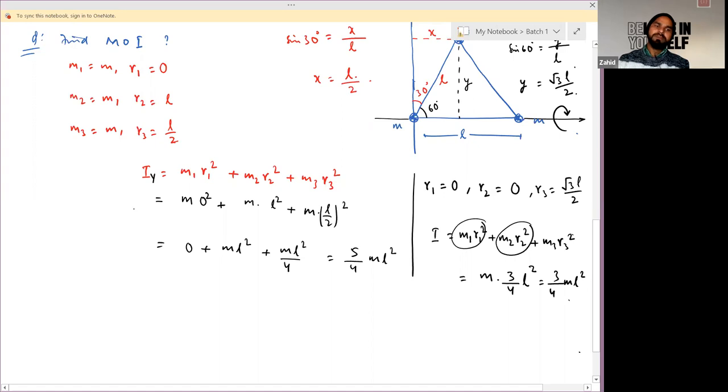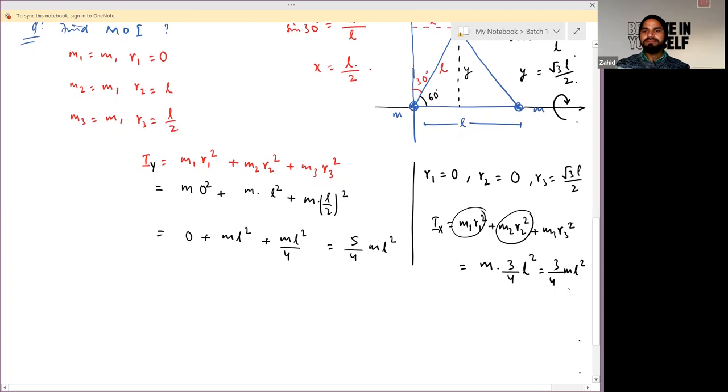So this was the moment of inertia with respect to the y-axis, and this is the moment of inertia with respect to the x-axis. You all have written? Yes, sir. Done.